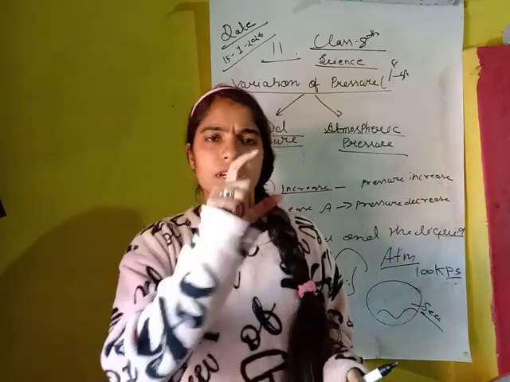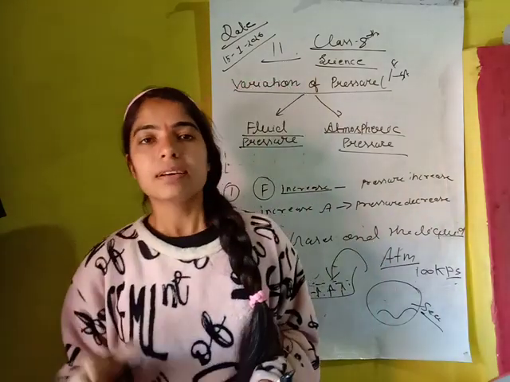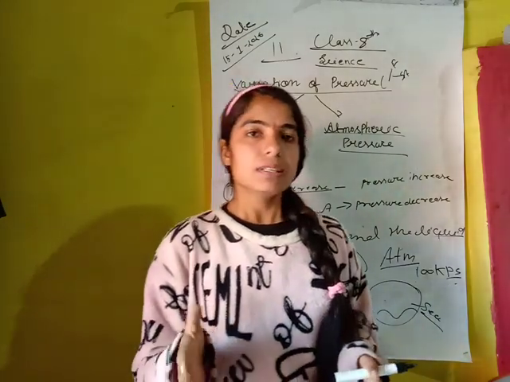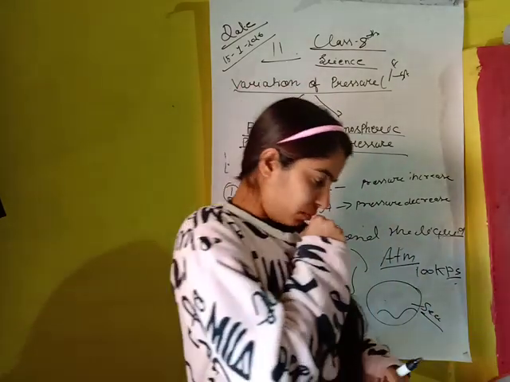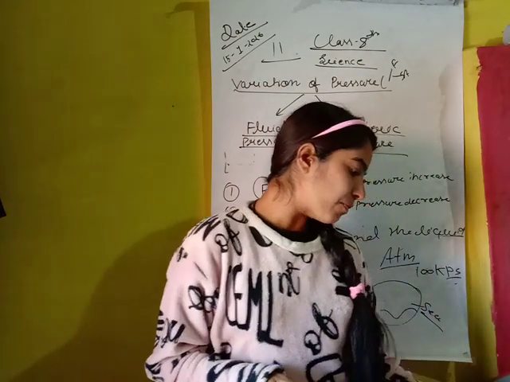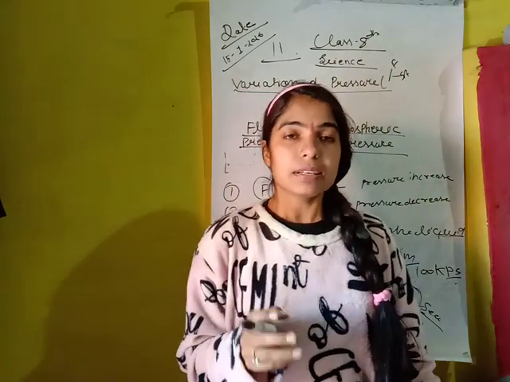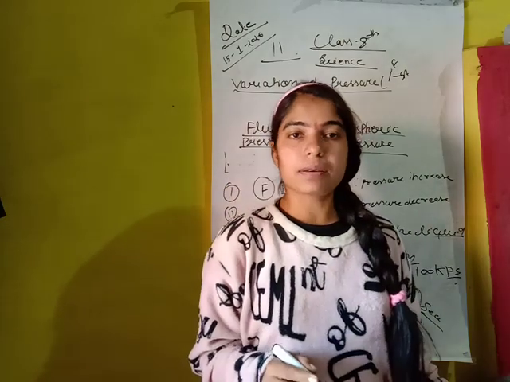Okay, the fact file is also given in your book. Here in the book an example of a camel is given. The feet of the camel are broad and flat. What is the use of these broad and flat feet? They reduce the pressure exerted on the sand.